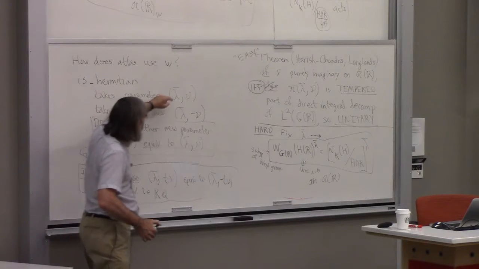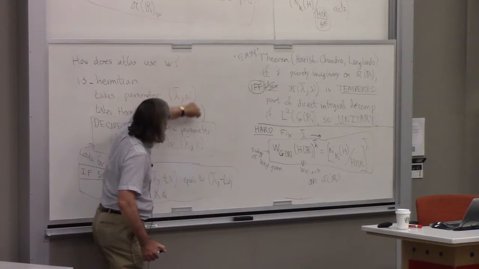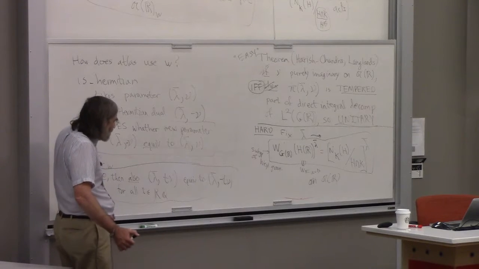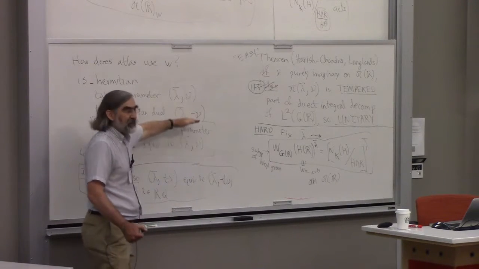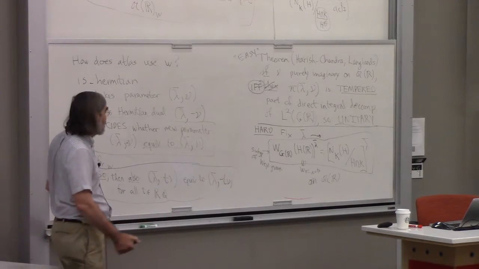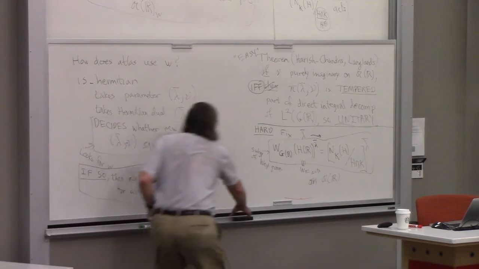The issue is, is there some W that takes nu to minus nu and fixes this lambda bar? If there is, that same W will work for all multiples of nu.